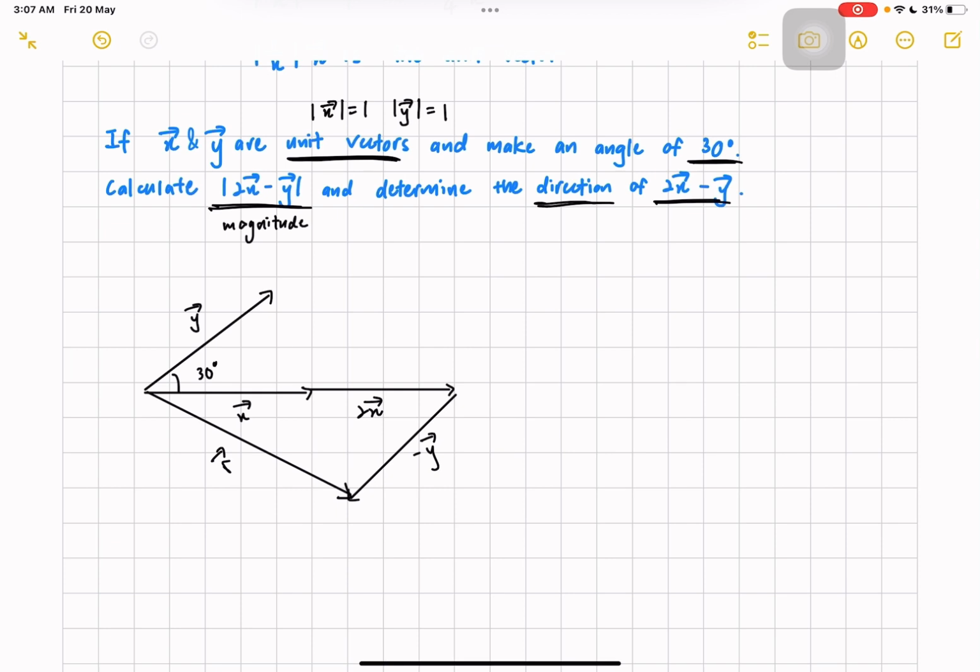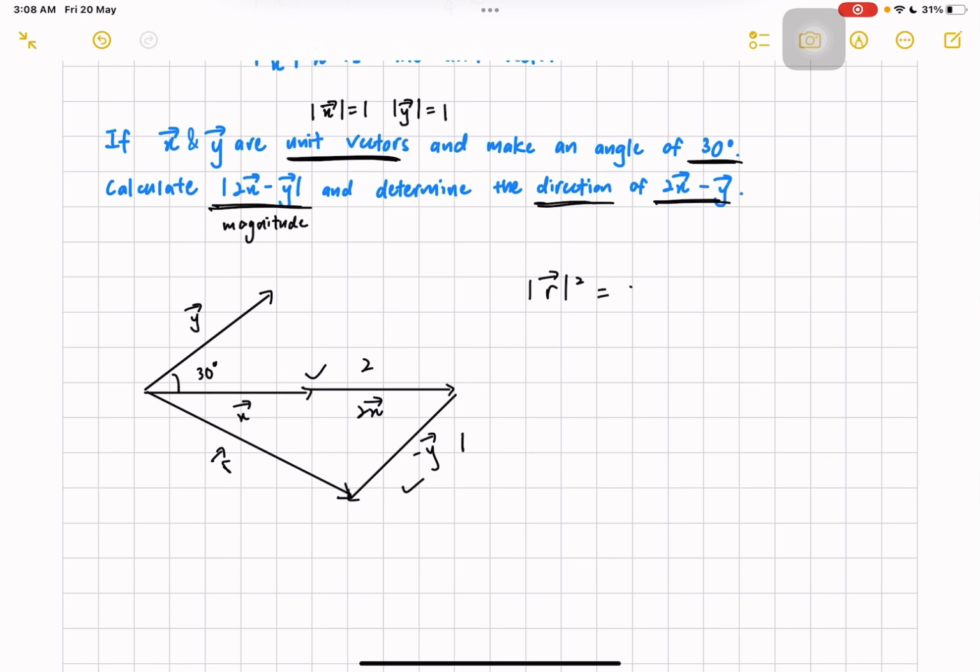By using the cosine law, we need to find the length of this vector and the length of this vector. We know that the magnitude of vector x is 1. So if we multiply it by 2, this would be 2, and this would be negative 1. But we remember, if we take the absolute value, the negative 1 becomes positive 1, and positive 1 multiplied by positive 1 is just 1. So by using the cosine law, we can solve for the resultant vector.